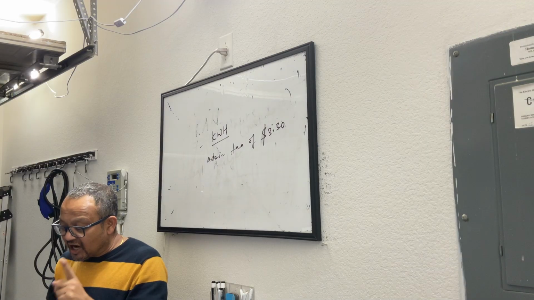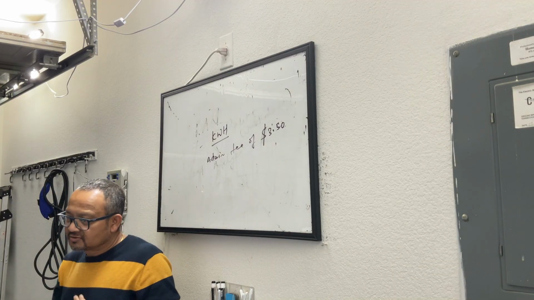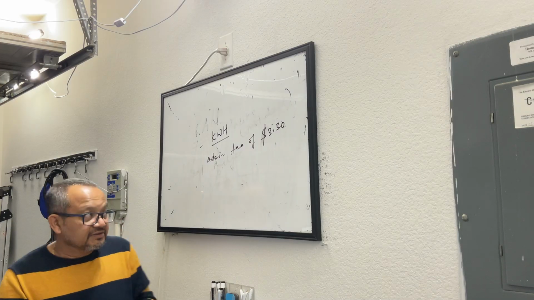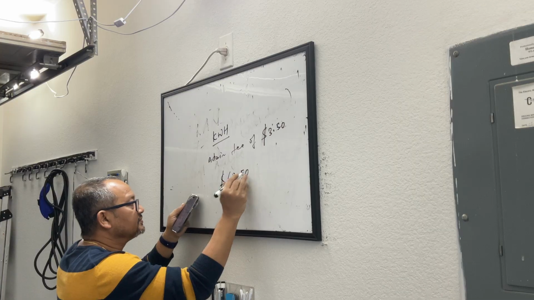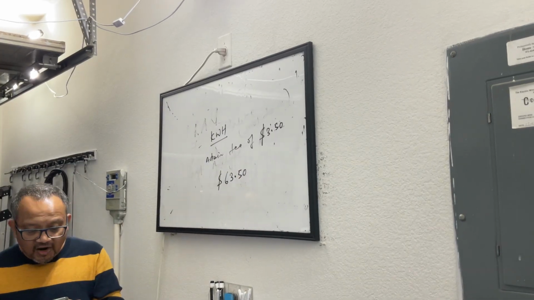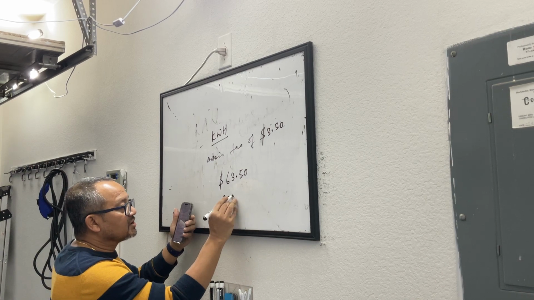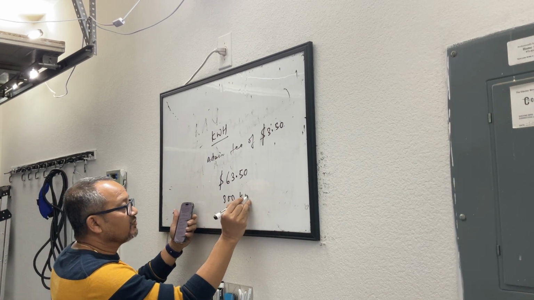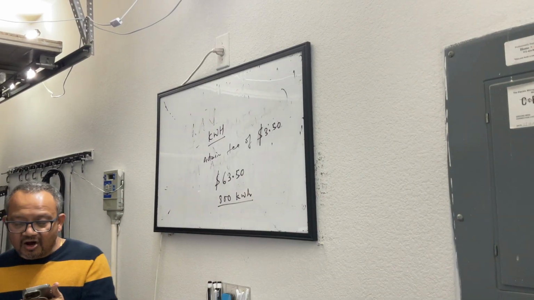The company charged Zhao $63.50 for using 800 kilowatt hours of electricity.